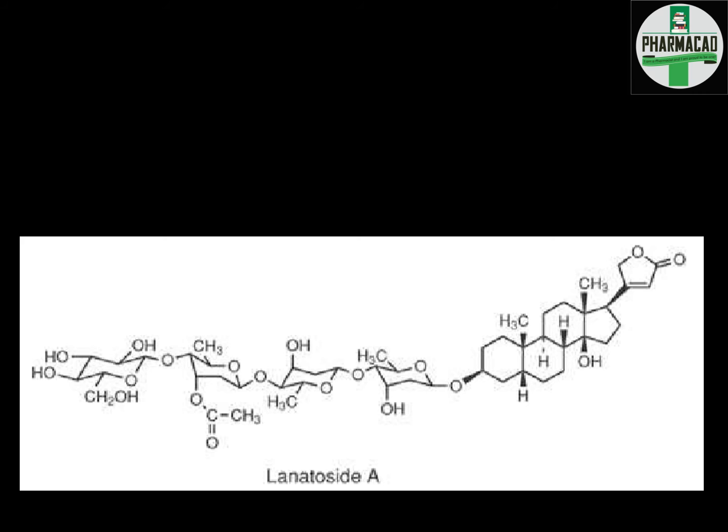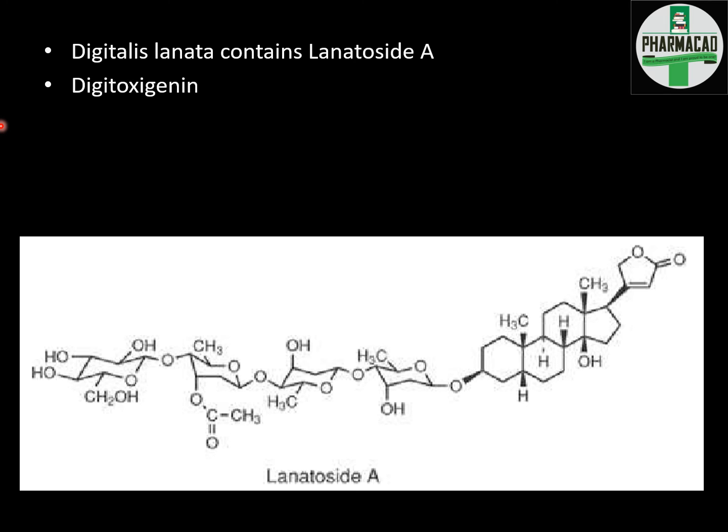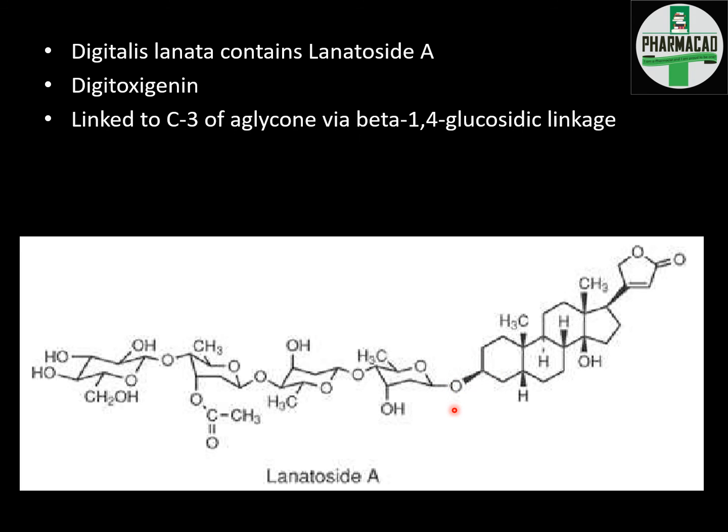So let's see the structure of one example of a cardiac glycoside, that is lanatoside A, which is extracted from Digitalis lanata. It contains the aglycone part digitoxigenin. So this is the structure of digitoxigenin that we have seen already. Now this digitoxigenin is connected to sugar molecules through the C3 carbon, the hydroxy group which was present on the third carbon.